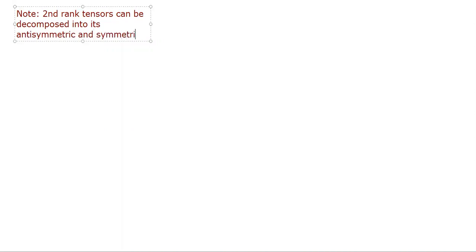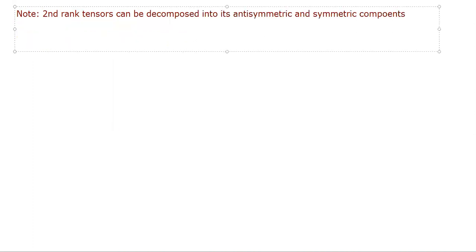Before leaving that, however, an important note: for a second rank tensor, you can express the whole thing in the same way that you can take any function at all and express it as an even and an odd part.